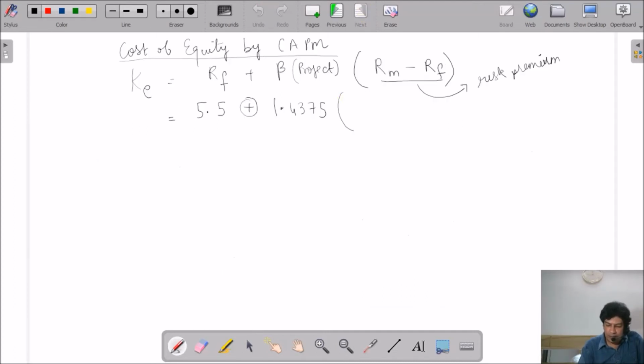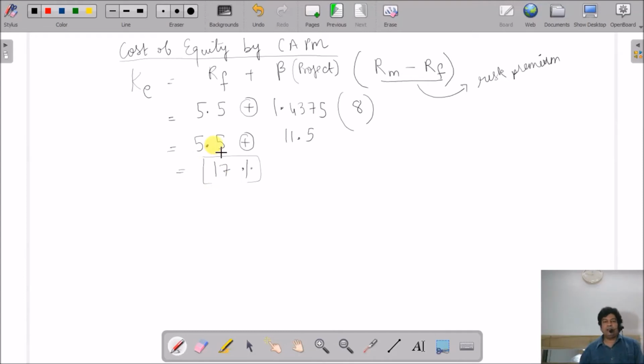So I will be writing here 8. So this will be 5.5 plus, and these two we are going to multiply. 1.4375 into 8 will give me 11.5 plus 5.5. So in total we are going to get 17%.